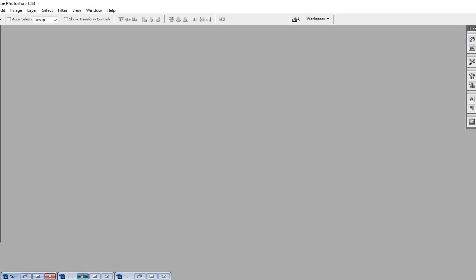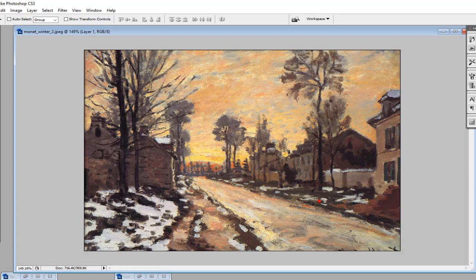So now looking at the next image, this one's by Claude Monet, and it is called The Road to Louveciennes, Melting Snow at Sunset. So this is a fairly dramatic piece. It takes place at the sunset.